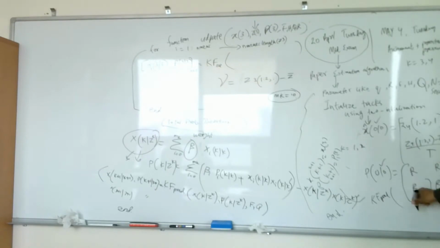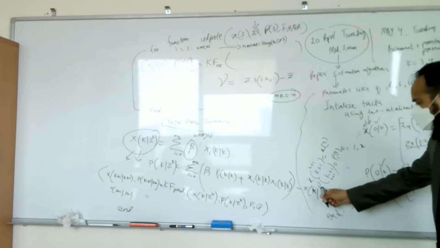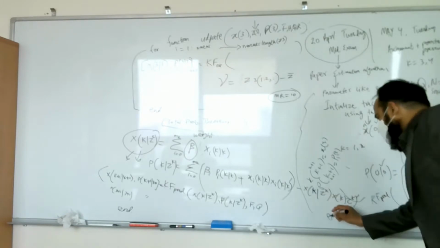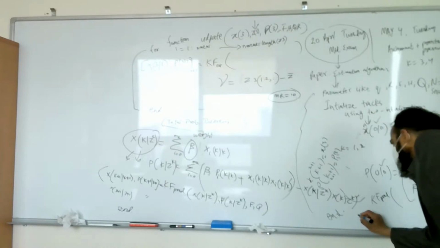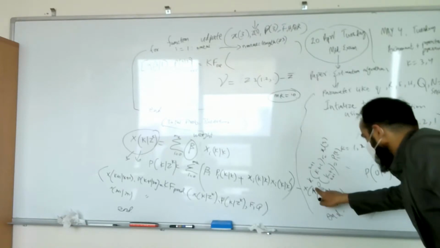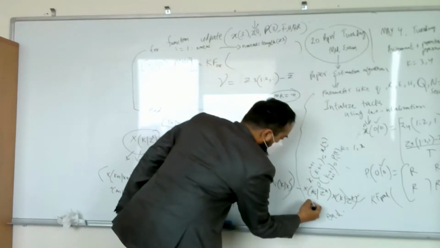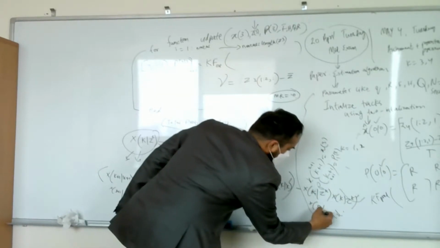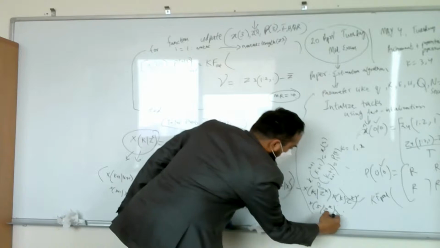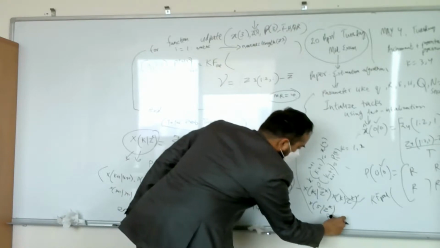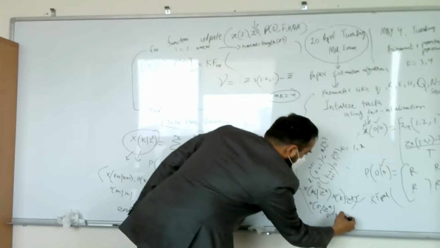Then you have to use this prediction here to get the 5.